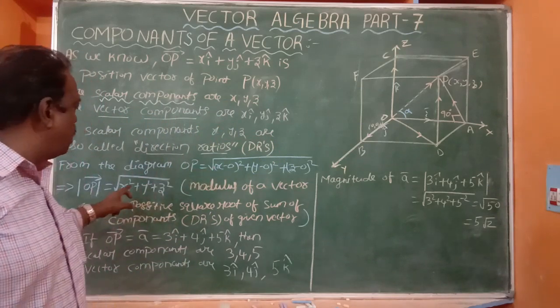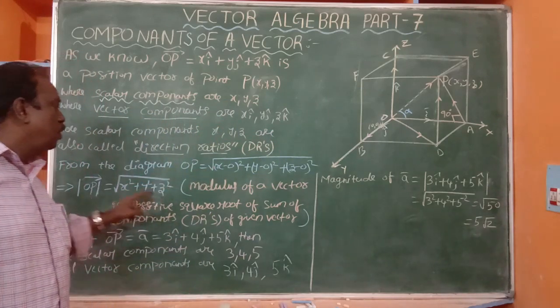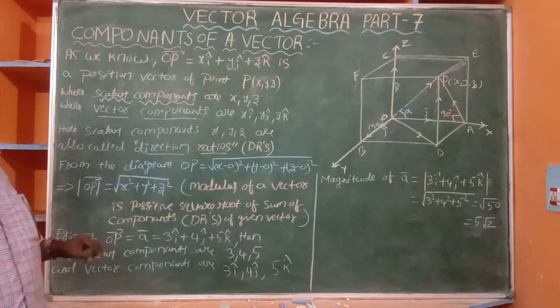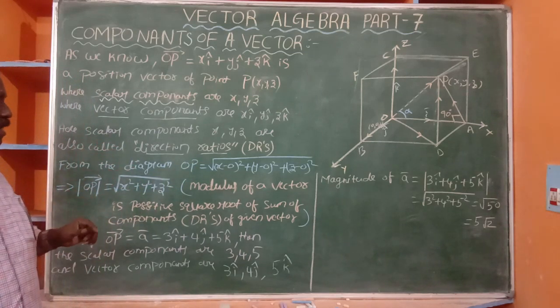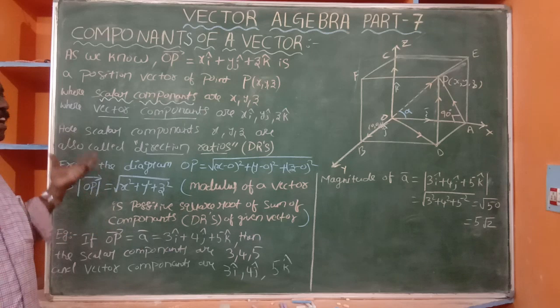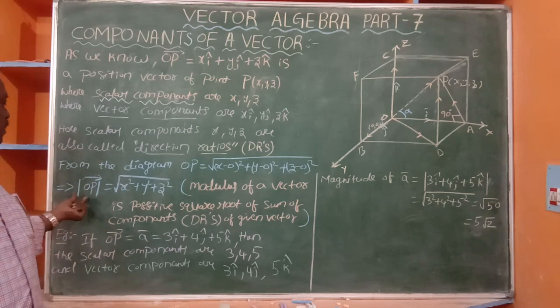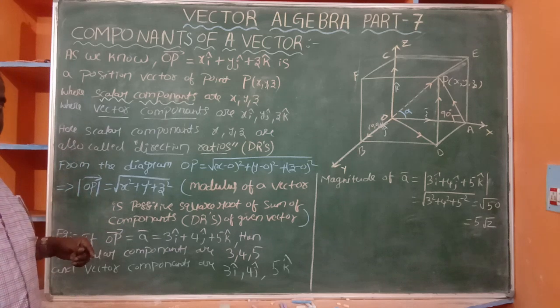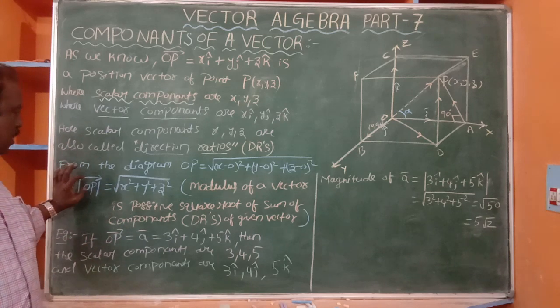That is the root of x square plus y square plus z square. So the length of OP, the distance between O and P, in other words, in the vector chapter, is called the length of the vector, the magnitude of the vector, or the modulus of the vector.